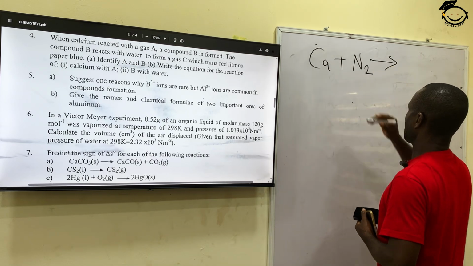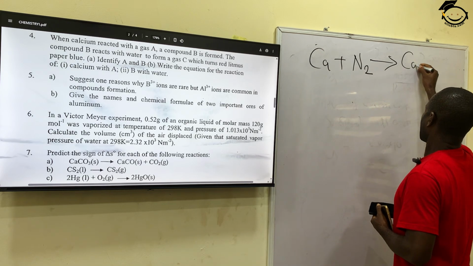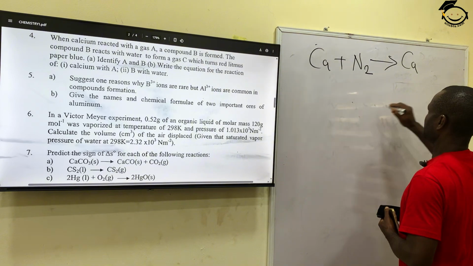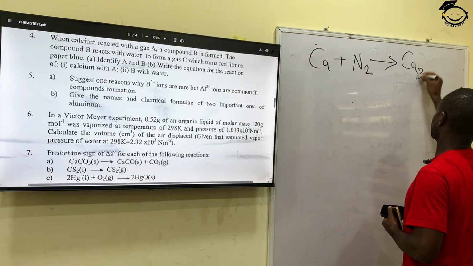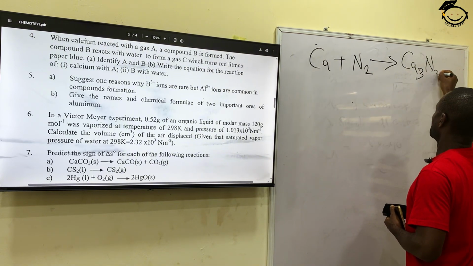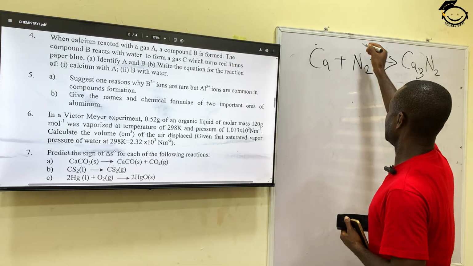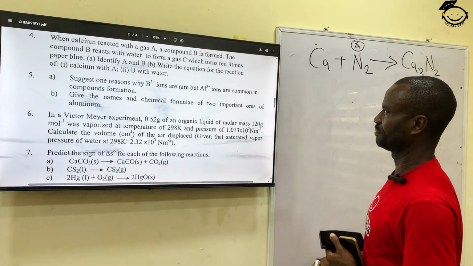This will give calcium nitride. The valency of calcium is 2, the valency of nitrogen is 3, so Ca3N2. So this is gas A, nitrogen.